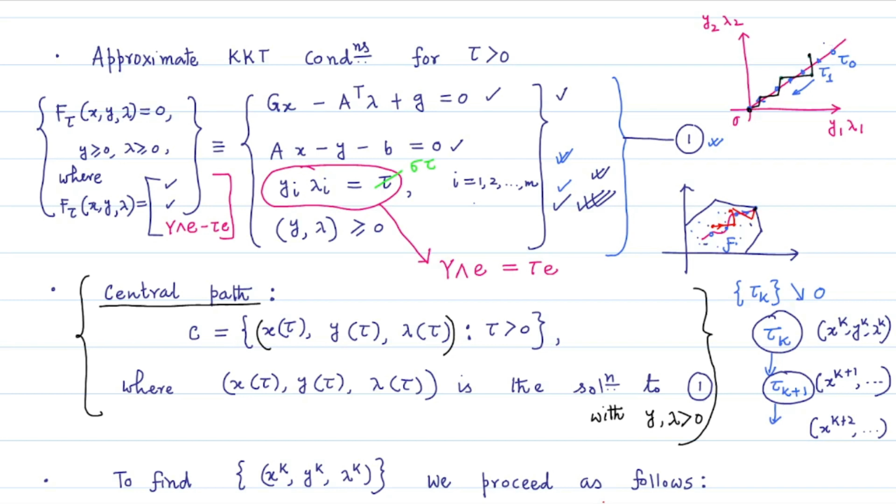It will be as follows: at each and every point on this line, you consider a neighborhood of radius sigma times tau. And as you notice, the value of tau decreases, so when we approach towards the origin, this neighborhood will have a smaller radius, right?